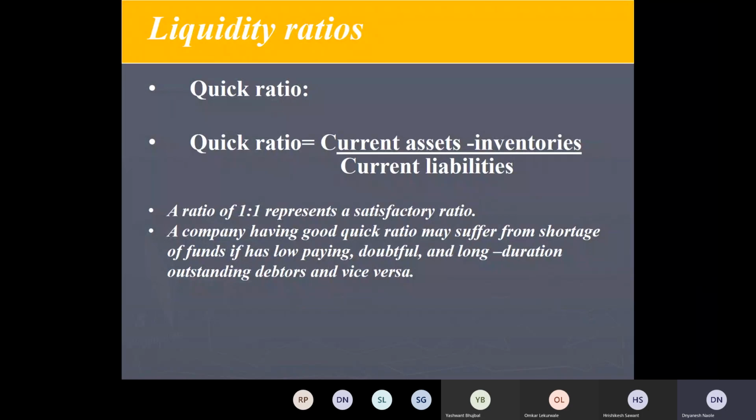Okay, so in current assets minus inventory, marketable securities and cash don't have an issue, but debtors may create problems if they don't pay in time.